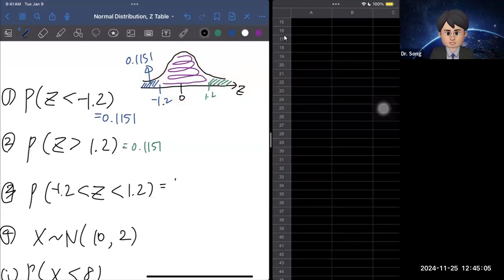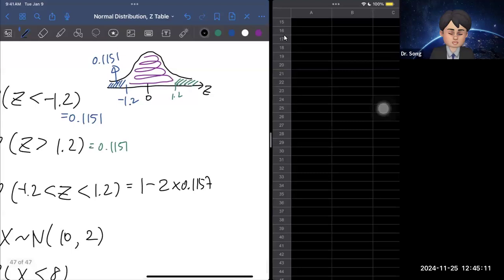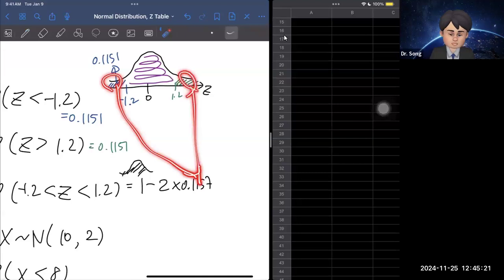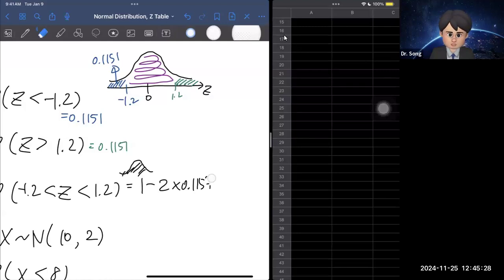So we can do 1 minus 2 times 0.1151, since they are the same.